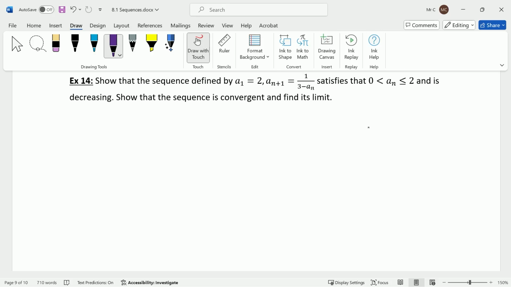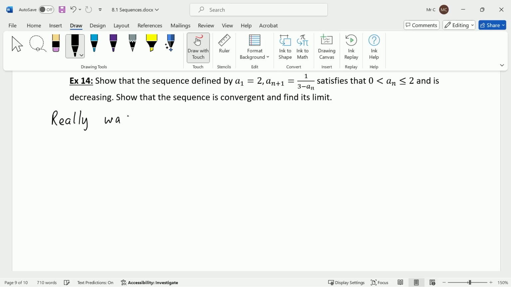That's the monotonic sequence theorem that we just discussed. So if I can show that this thing is decreasing and I show that the terms are between 0 and 2, I can apply the monotonic sequence theorem and show that this thing converges. Okay, so the tricky part is how to show both of those things. But in this case, we can actually show both at once.